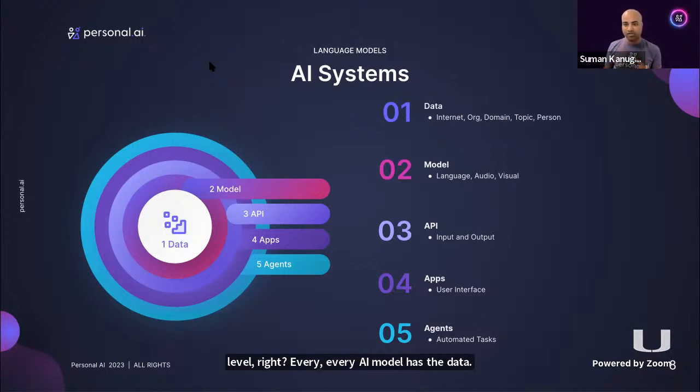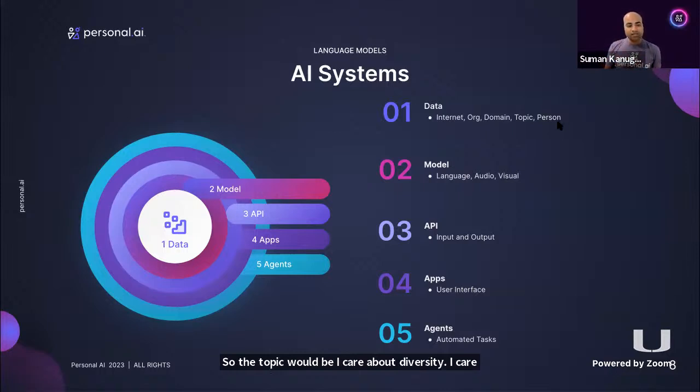So there is the internet of data, there is organization data, for example, domain-specific data such as healthcare, finance, marketing, or it could be a specific topic, like I care about diversity, I care about inclusion.